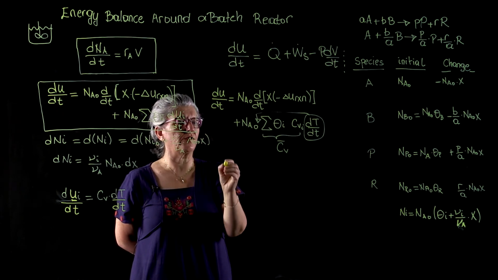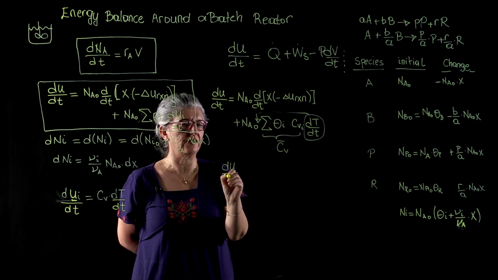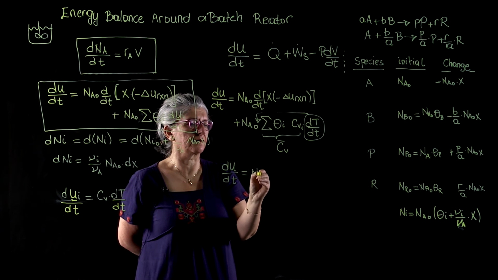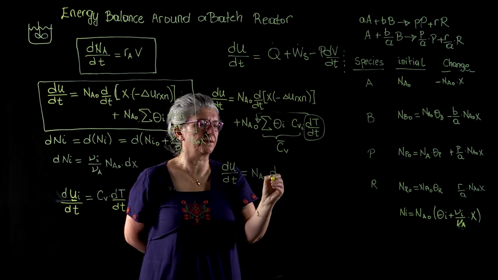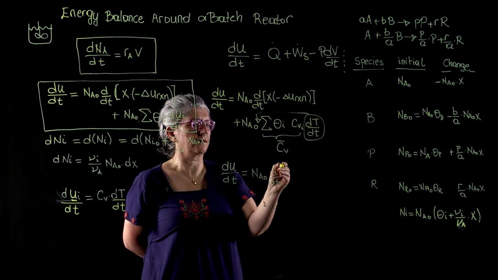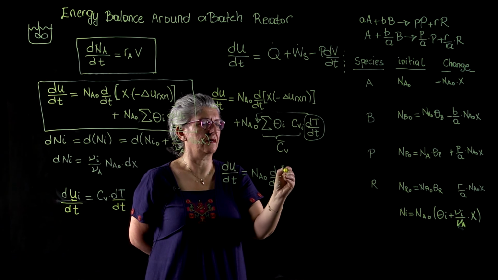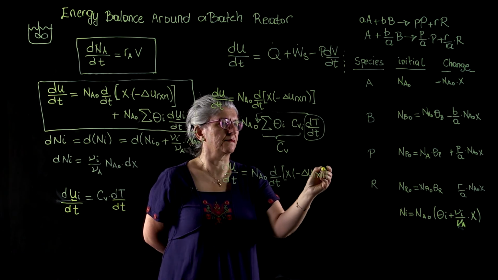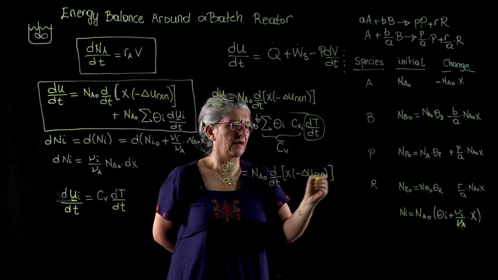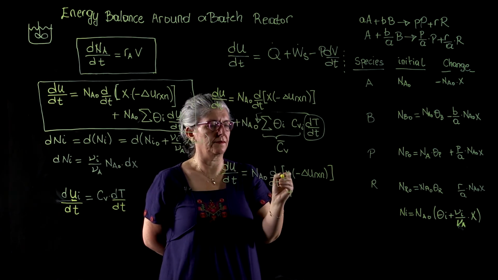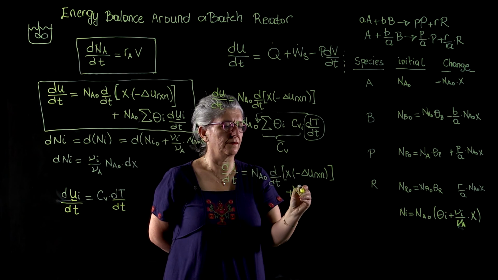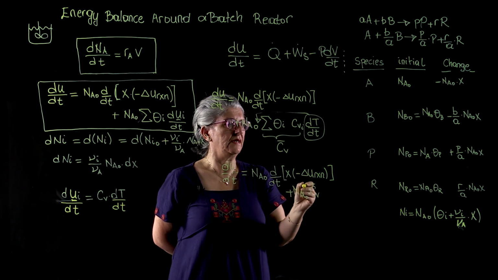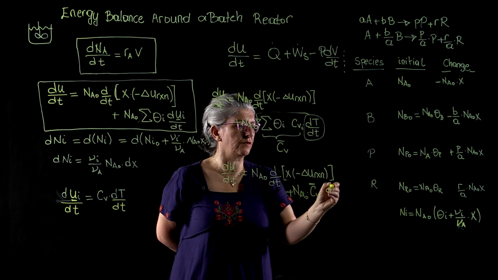So in its most compact form, du over dt term reduces to Na0 d over dt x minus delta U reaction plus Na0 mean heat capacity of the feed times dT over dt.